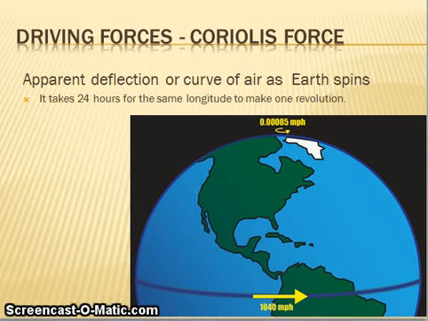But this makes parcels of air seem to deflect in one direction or other, beginning to create curves in storms, or curves in atmospheric parcels, air masses. So take a look at that, and I think the videos are really helpful for that.